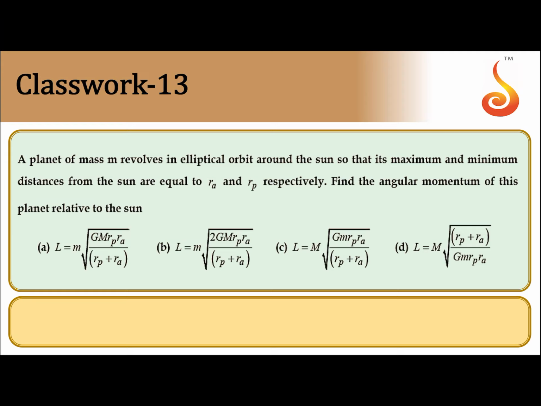Find the angular momentum of this planet relative to the sun. So you can show the construction, with maximum distance and minimum distance Ra and Rp respectively.